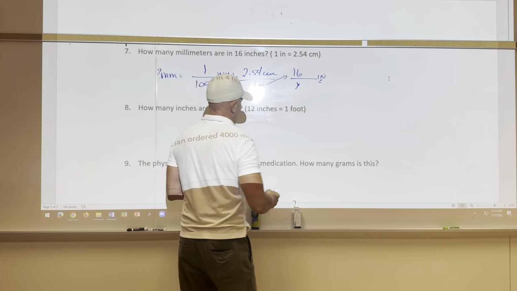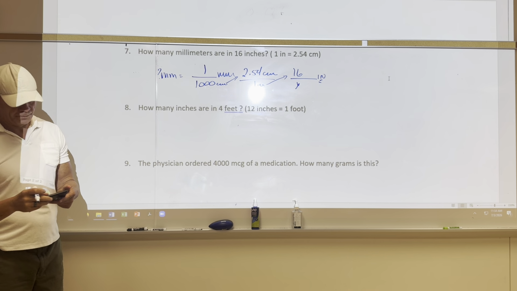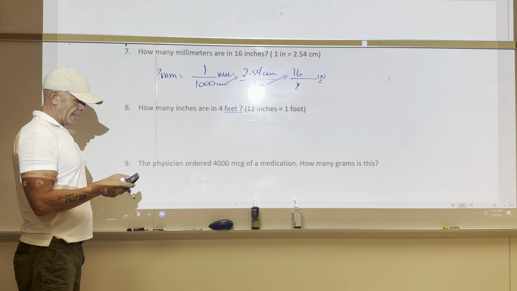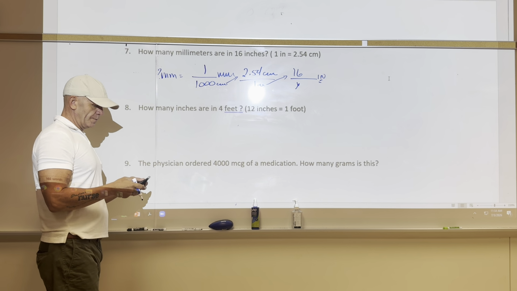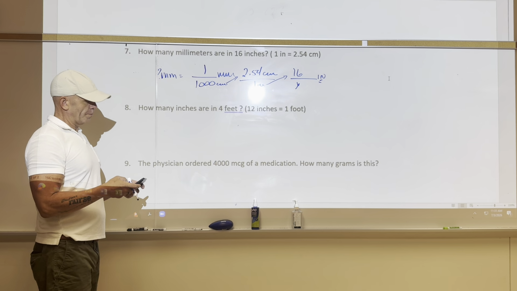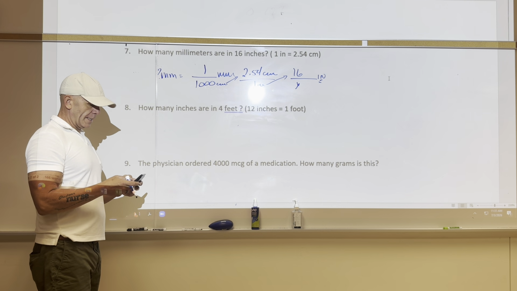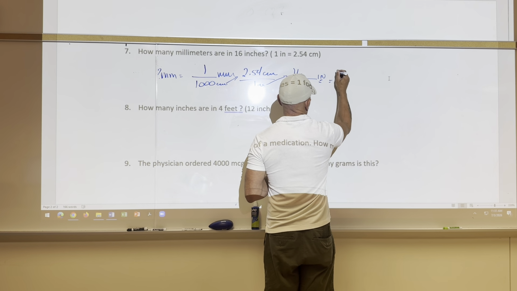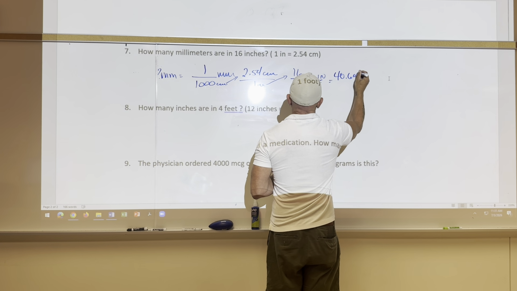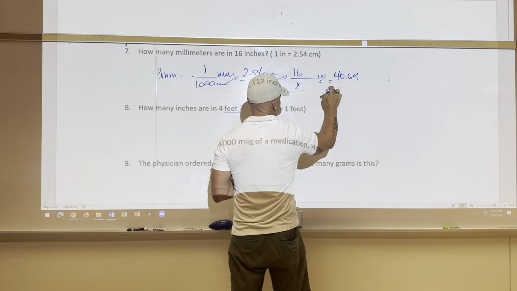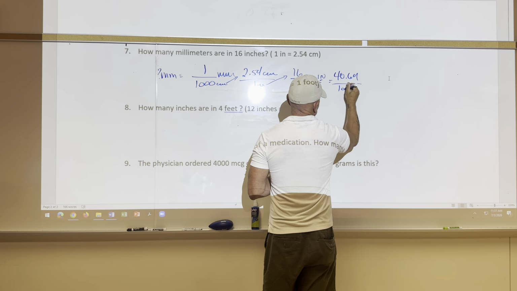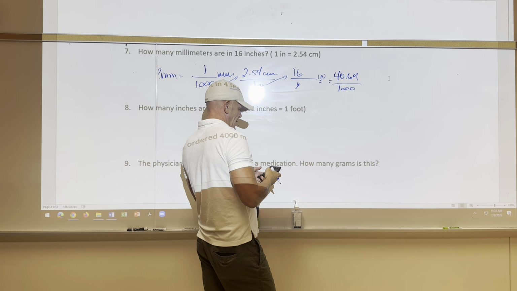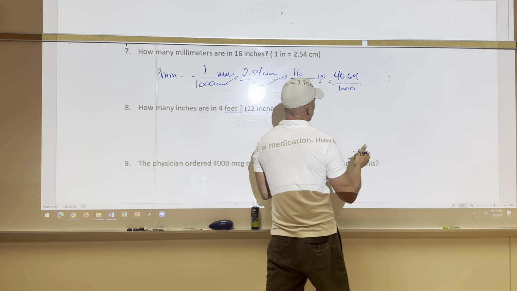And what do we get? 2.54 times 16 equals 40.64. Bring this over 1,000, so divided by 1,000 equals 0.04.